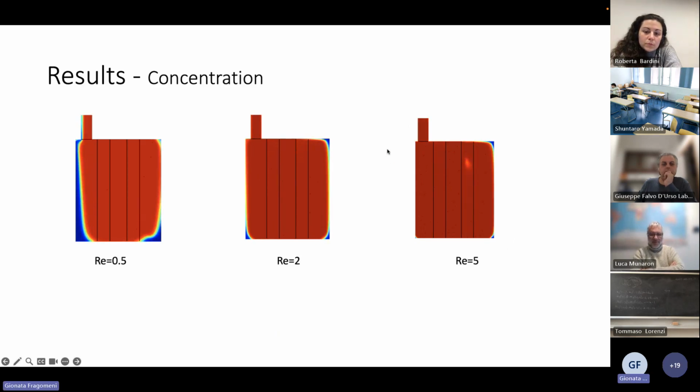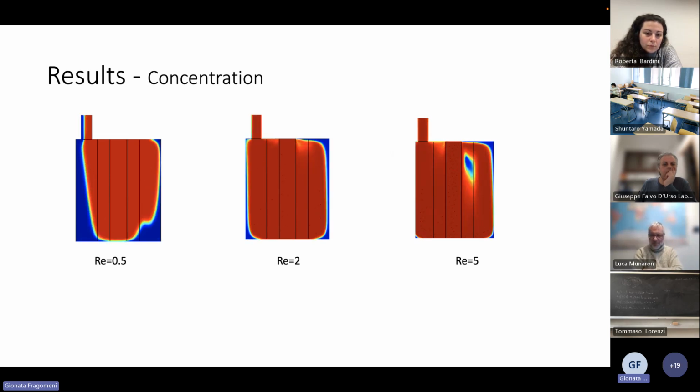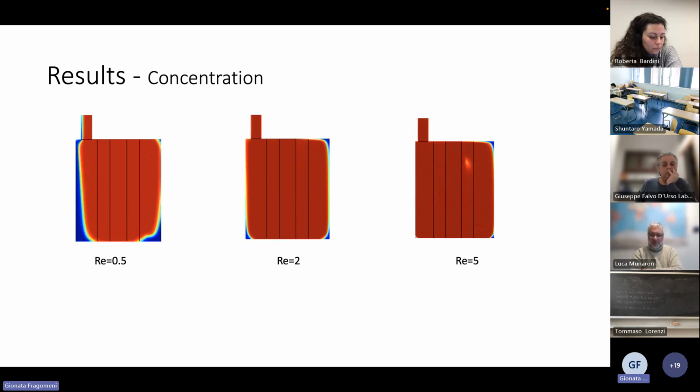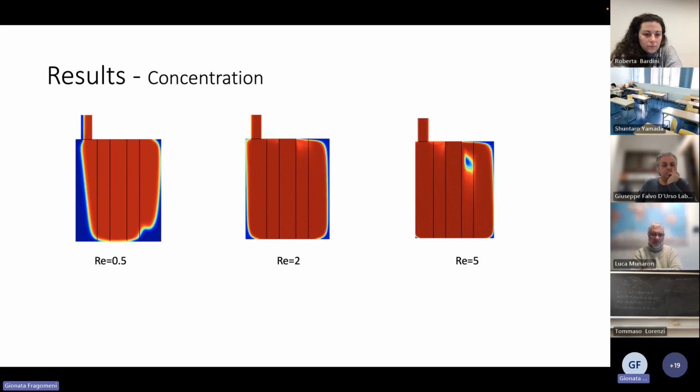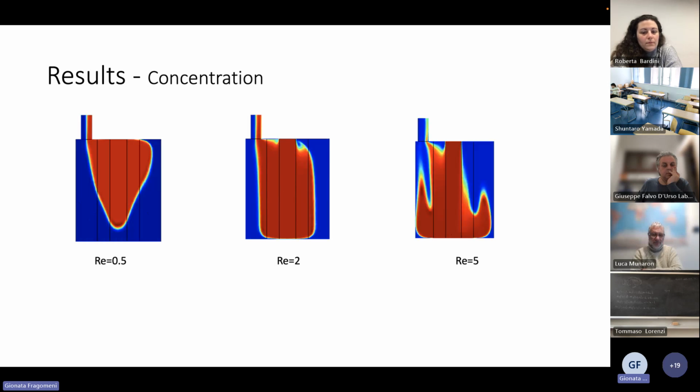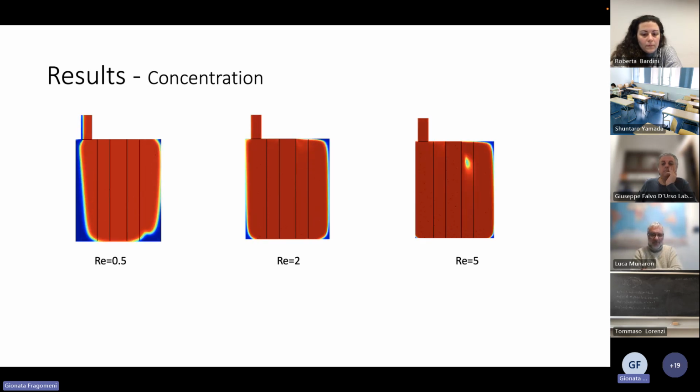This is the concentration at different inlet conditions and different Reynolds numbers. You can see that for the low Reynolds number on your left, there is a shunt in the upper zone of the bioreactor.